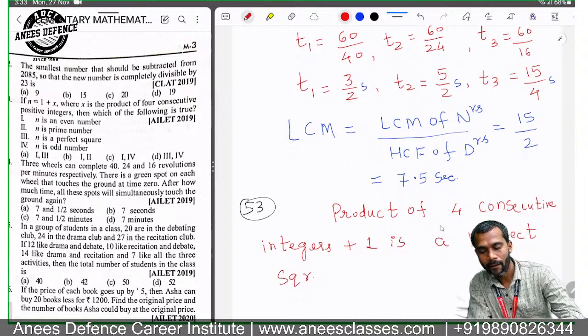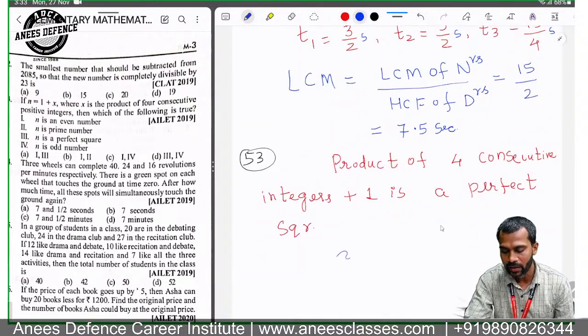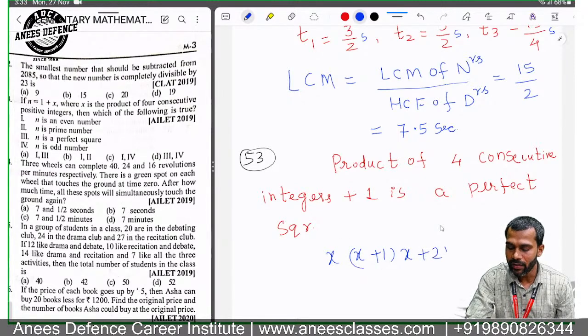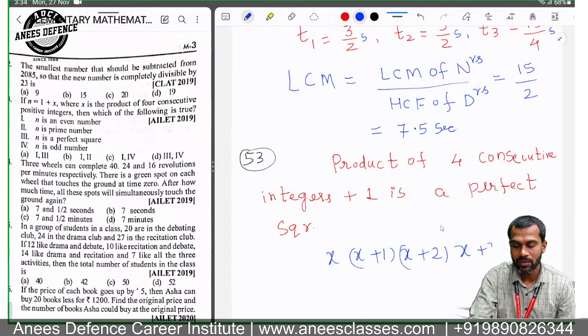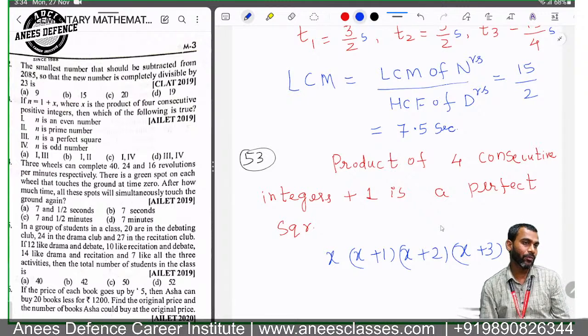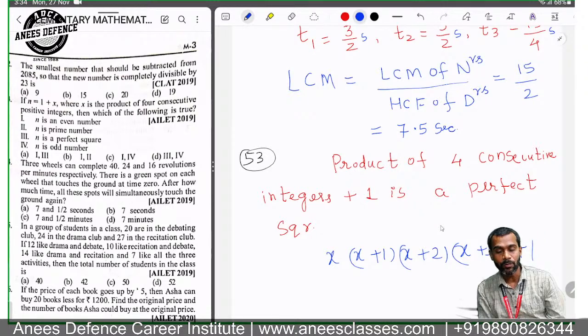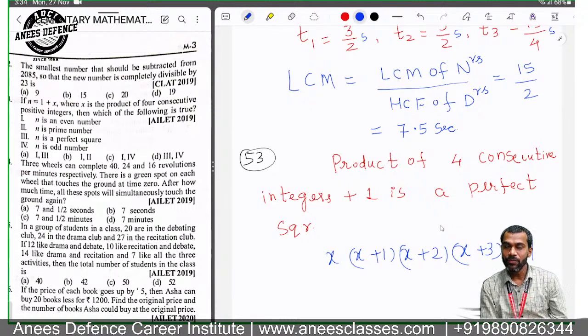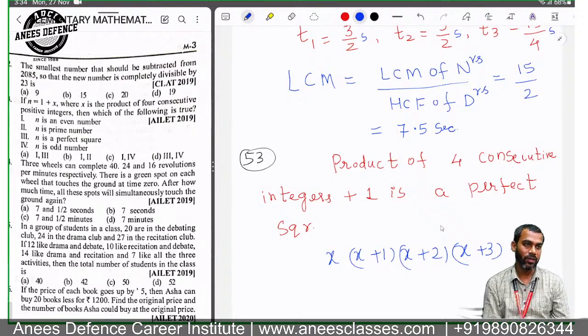Shall I prove it? How can we prove? We can take x plus 1. You just try, we'll tell you later if you don't get it. x plus 1, x plus 2, x plus 3, plus 1. Now just multiply, you'll get a perfect square. See, if you observe 1 into 2 into 3 into 4 plus 1, it is 25, so I can say 4 plus 1 whole square.